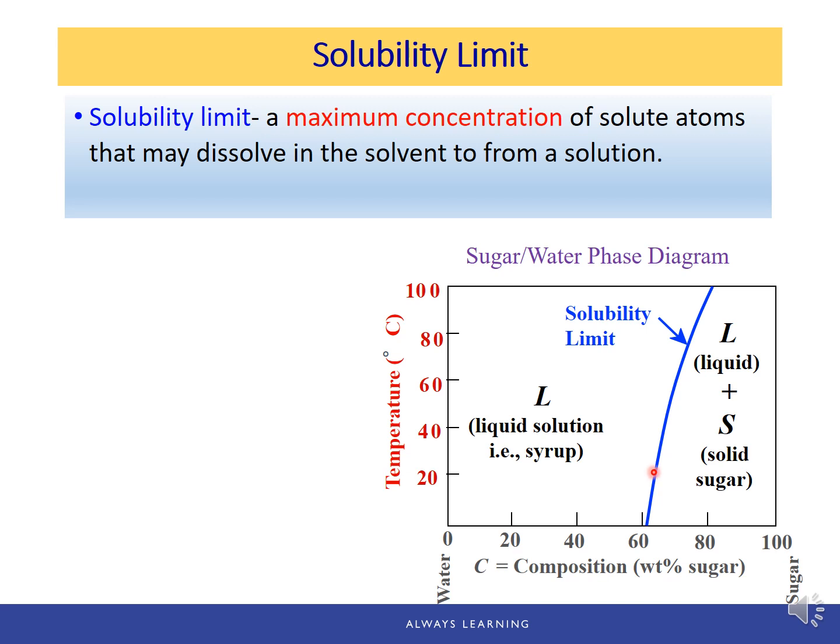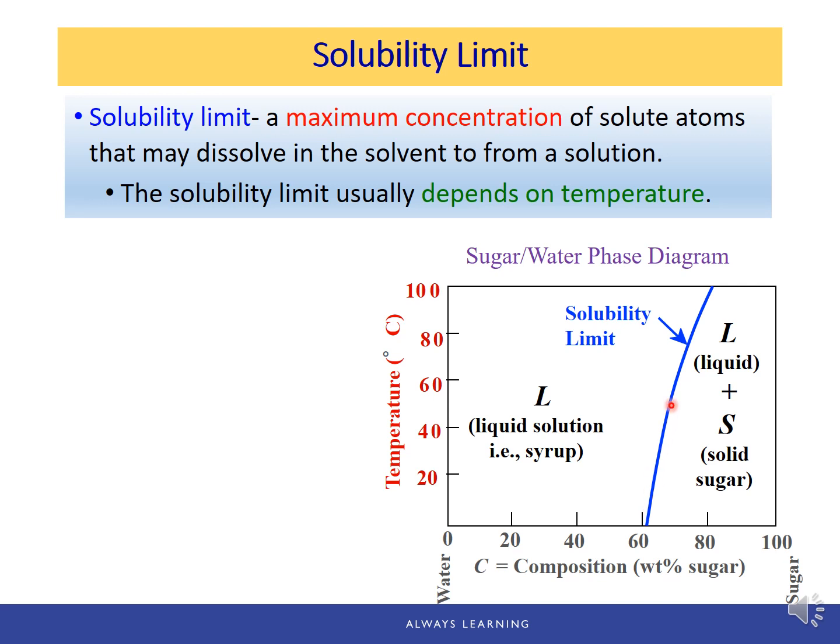At this time, the solution is not capable of dissolving any more sugar, and further additions simply settle to the bottom of the container as solid sugar. So the system now consists of 2 separate substances, a sugar-water syrup liquid solution, and solid crystals of undissolved sugar. The solubility limit depends on temperature.